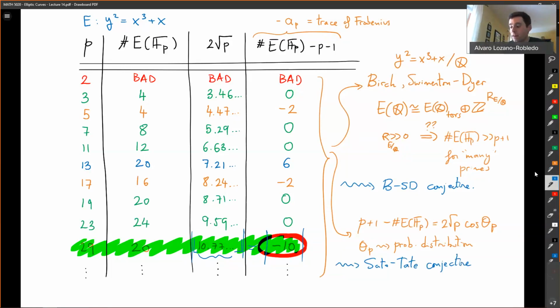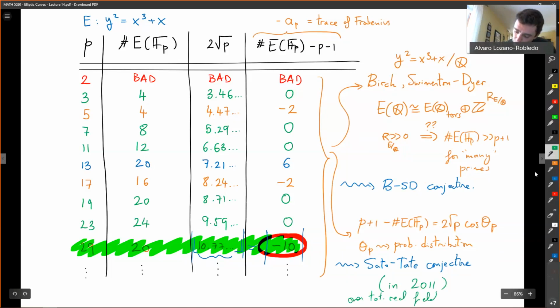Amazingly, this theorem was proved by a number of people. I'm going to forget some names if I try to name them all, but there was a proof first with some mild conditions in 2008. In 2011, this was proved, and not just for elliptic curves over Q, but over totally real fields.